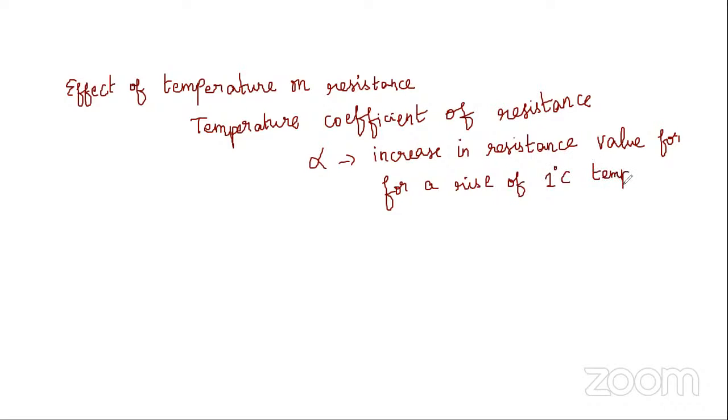That means initially if you have a conductor and the temperature of the conductor is 37 degrees Celsius, now when you increase the temperature of that conductor to 38 degrees Celsius, then what is the increase in resistance value? That quantity is called the temperature coefficient of resistance, that is called alpha. And using this alpha value, you can calculate the resistance of a conductor at any temperature. Okay, at any temperature you can use the alpha value and find out the resistance value.